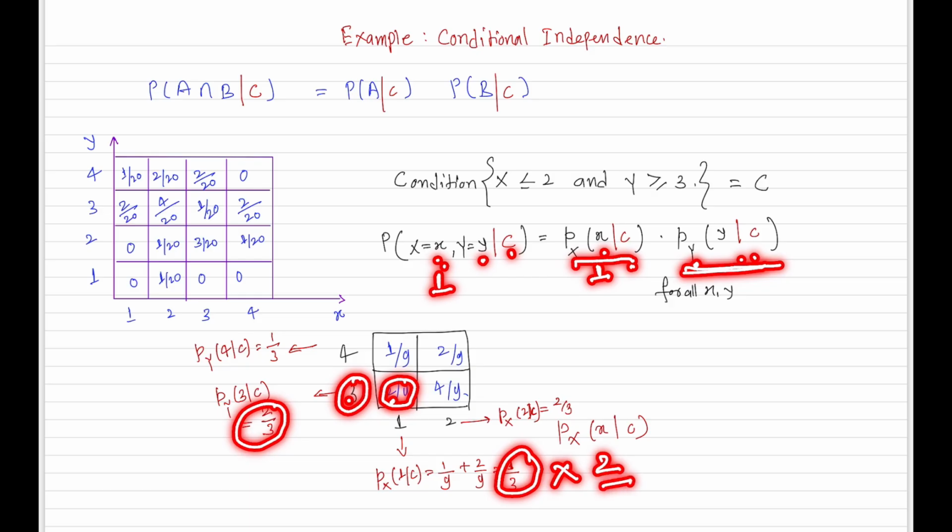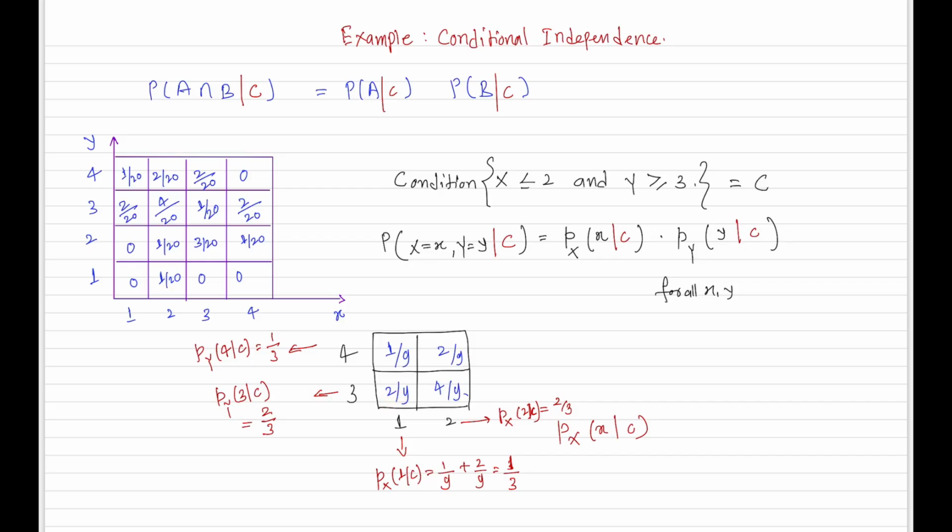So 1 divided by 3 times 2 divided by 3 is 2 divided by 9. So 2 divided by 9 is the probability that we have got. You can check for this case also directly. The marginal PMF is 2 divided by 3 times 2 divided by 3, that is 4 divided by 9. Check for this one: marginal PMF of Y is 1 divided by 3, marginal PMF of X is 1 divided by 3, so 1 divided by 3 times 1 divided by 3 will be 1 by 9. You can check for this one.